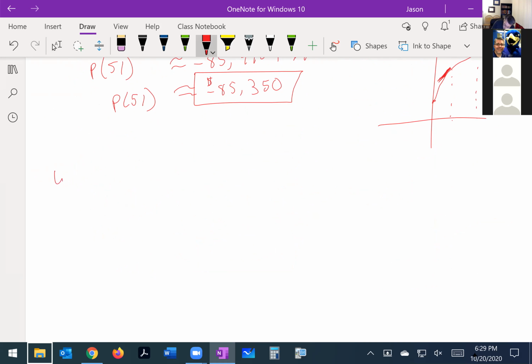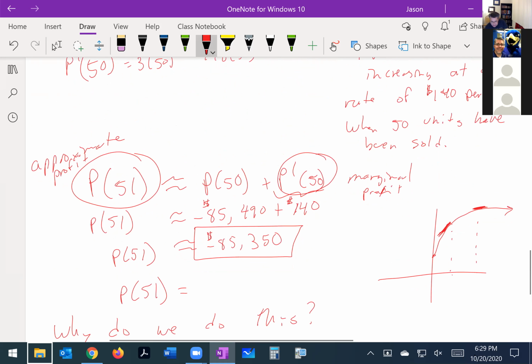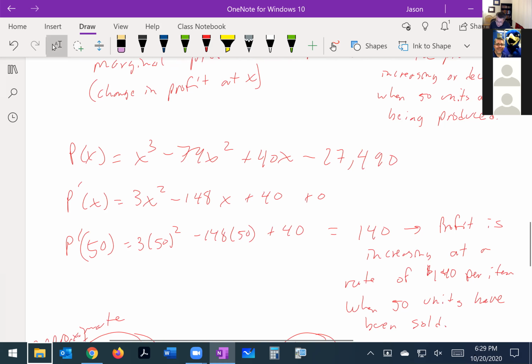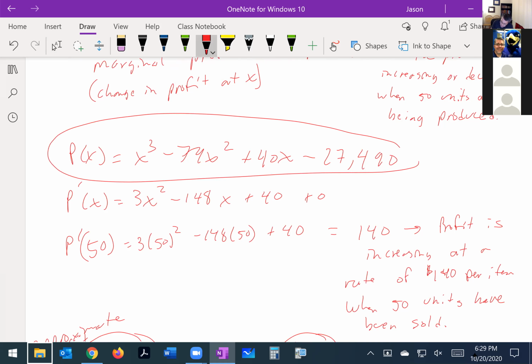Now why do we do this? Couldn't we just get P51 directly? Yes, we could. We could easily plug the 51st one into our model, into this equation here.